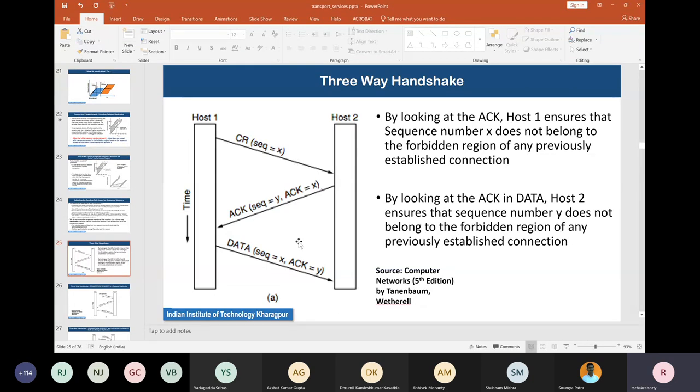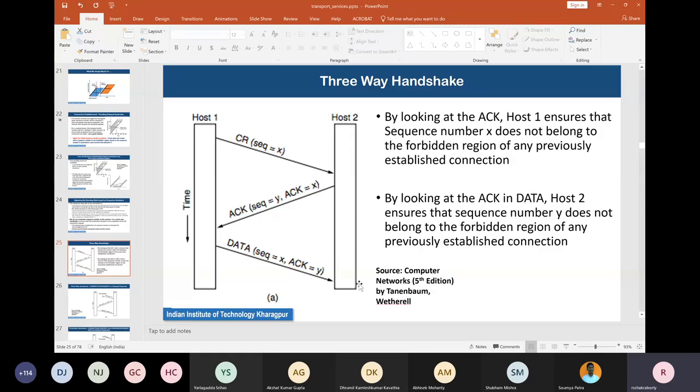Just like in the acknowledgement message, host 2 had said that by having the acknowledgement field be X, the next expected value is X. Exactly like that. Then I ask, suppose now host 2 sends its own data.